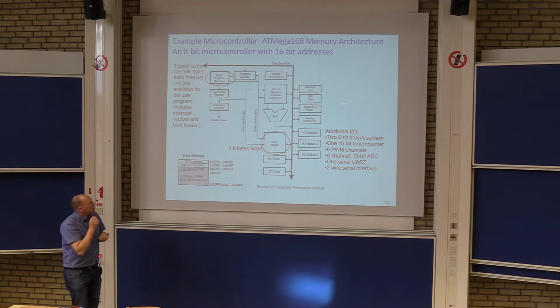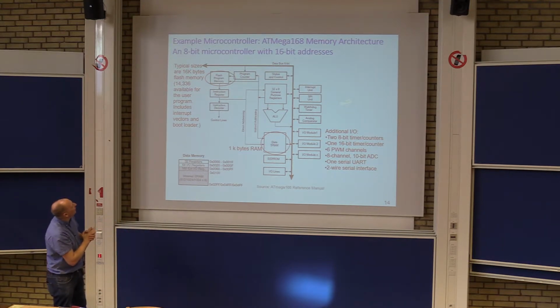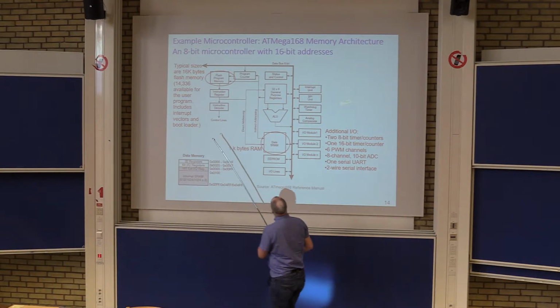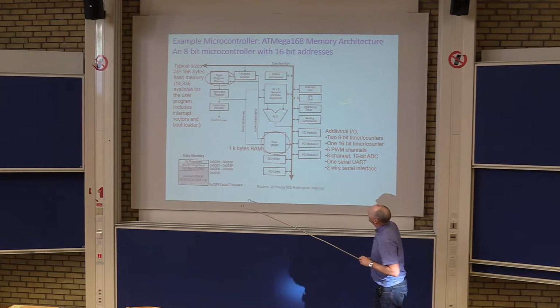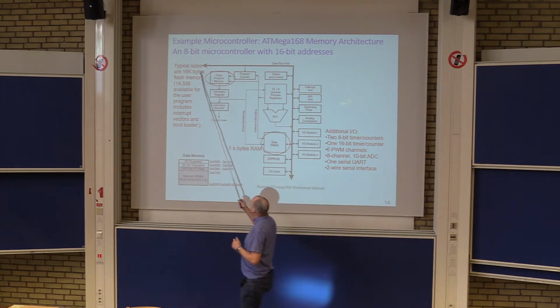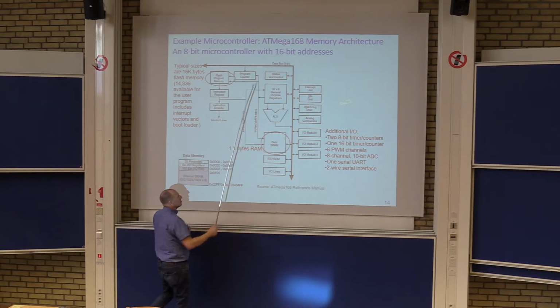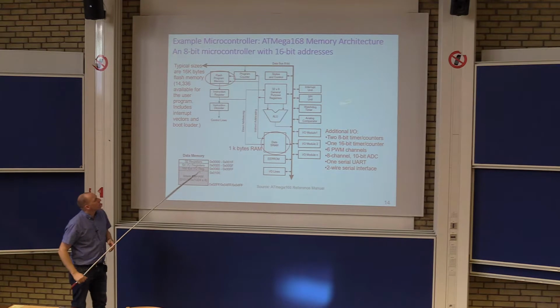We will just use an example here. This is not the Crazyflie architecture, but it's another processor. And it's a little bit interesting in the sense that it's an 8-bit microcontroller with 16-bit addresses.